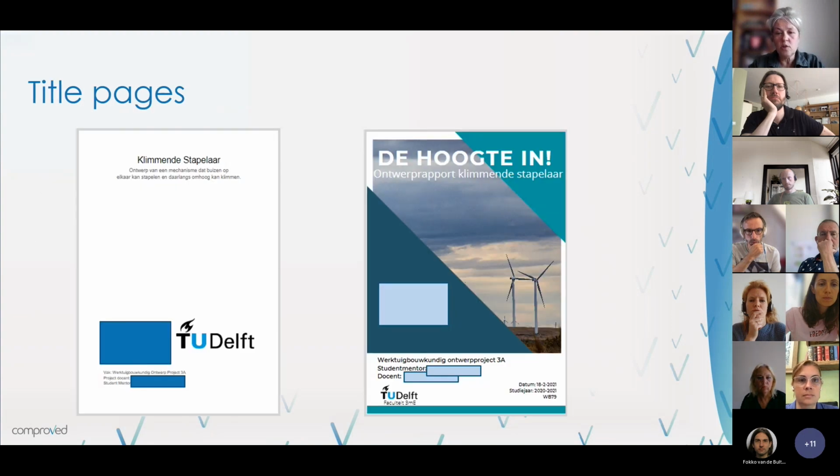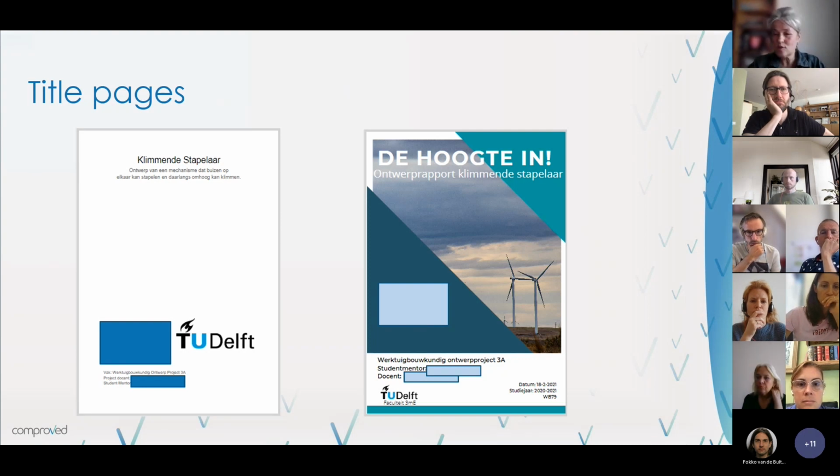I will show you some examples of the mechanical engineering texts that we had students compare, and I chose the example of the front pages of the reports. Apologies for the fact that this is in Dutch, but you see here what students scored as the best one and the not so good one.